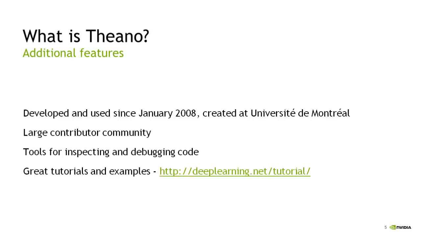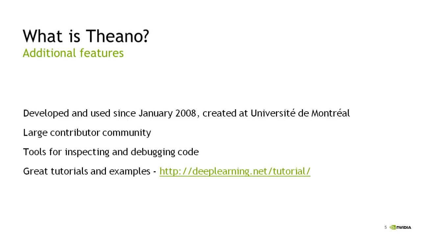So before we go on, just a couple of additional notes about Theano at a high level. It's very mature. It's been developed and in use since January of 2008, as I said, created at University of Montreal. Now has a large contributor community. It also does have tools for inspecting and debugging code. The error messages that Theano produces are different to standard Python error messages, so these tools can be helpful in understanding the root cause when those error messages are produced.